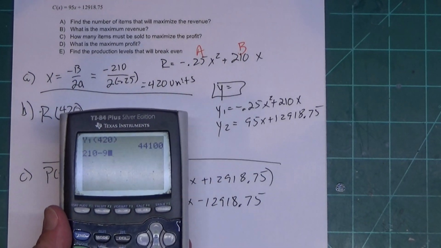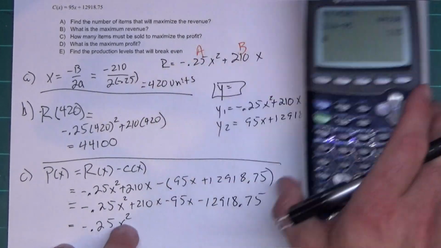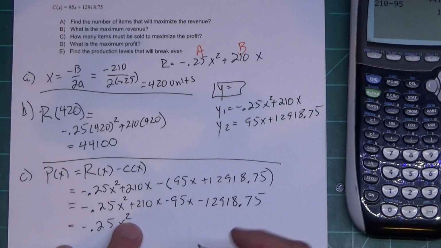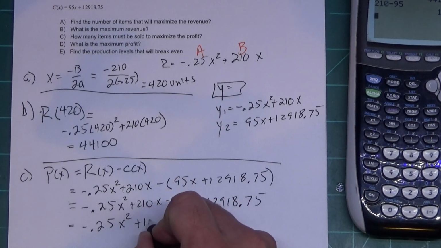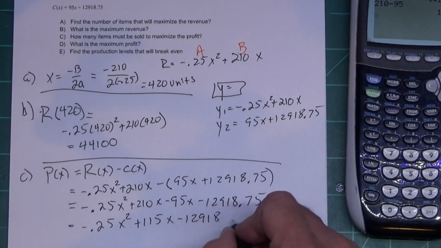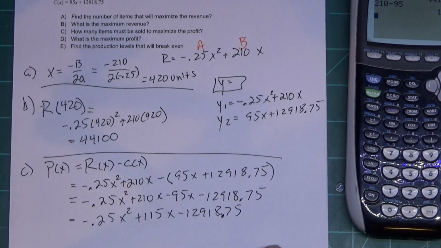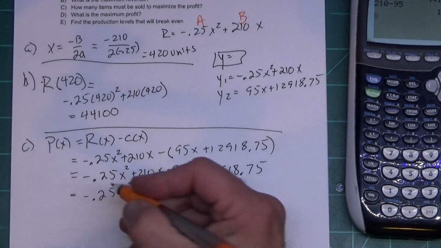I'm going to go ahead and use the calculator. I'm really tired. Using the calculator, I won't get it wrong. The 210 was positive, so this will be plus 115x minus 12918.75.